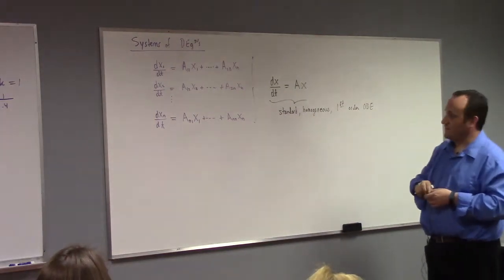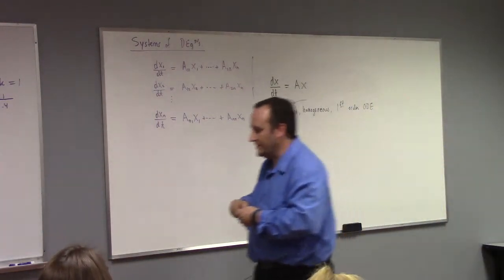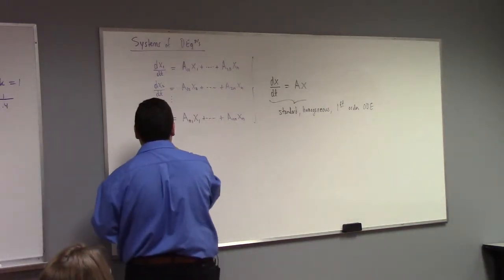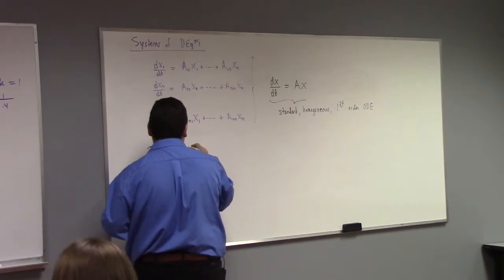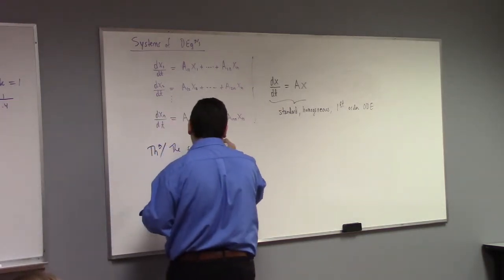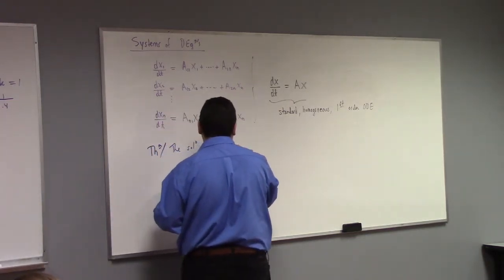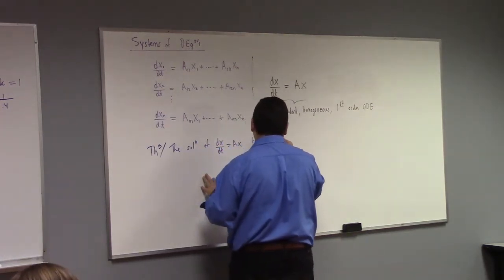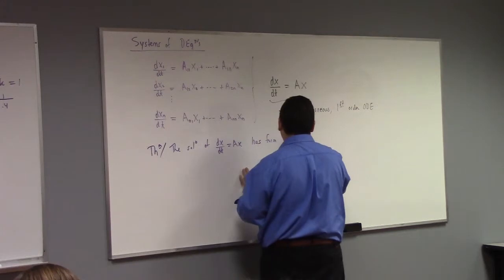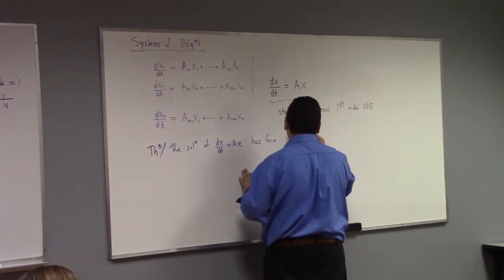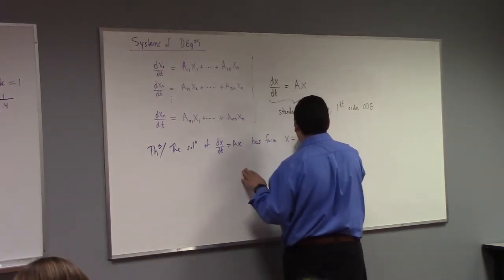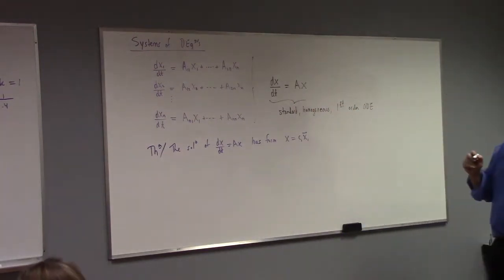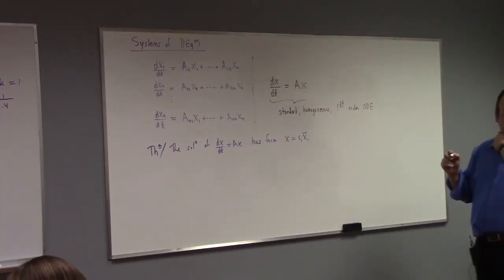Now, how do you solve it? Well, the theorem says this: the solution of dx/dt equals Ax has the form x equals c1 x1 plus c2 x2 plus ... plus cn xn. I'm going to say x1 vector because I'm using x1 as the first variable, and I want to distinguish the x1 solution from the x1 scalar variable.